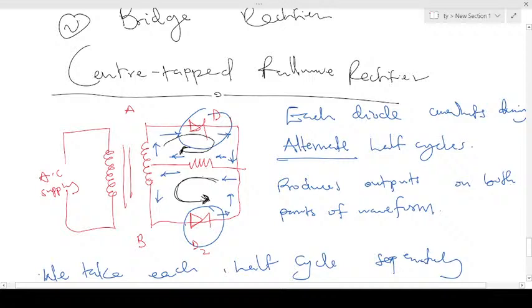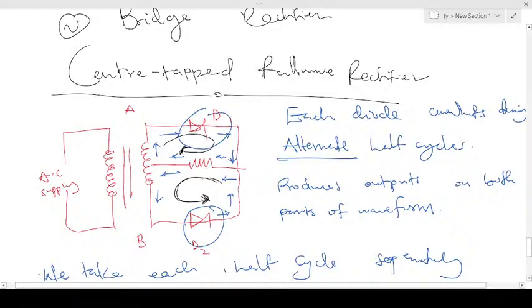This is because diode 1, which was forward biased in the positive half cycle, is now reverse biased in the negative half cycle, and diode 2, which was reverse biased in the positive half cycle, is now forward biased. We know that in an ideal diode, when it is forward biased, current is allowed to flow. So during the negative half cycle, current won't go through diode 1, but will be allowed to flow through diode 2 in the manner indicated by the black arrow.